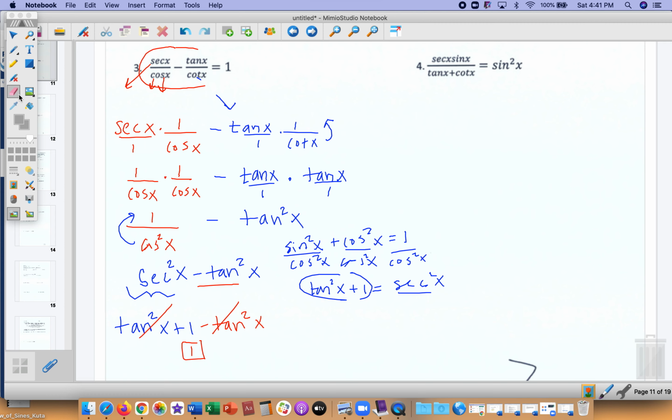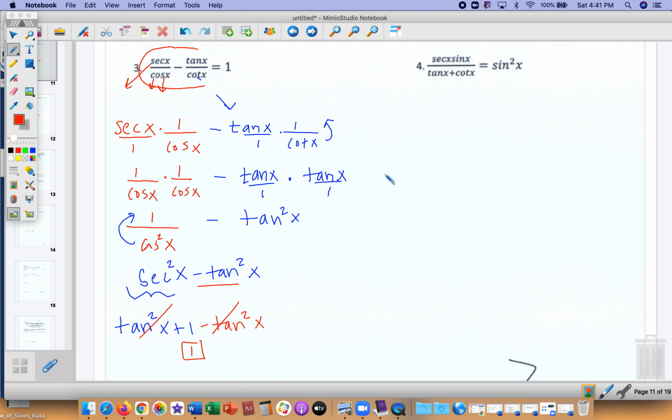Now let's try number 4. I'm going to erase some of this. So for number 4, we're going to play around with the left-hand side, and we're going to try to get it to equal sine squared x. So I'm first going to cross that off. Now this one's pretty messy right now.